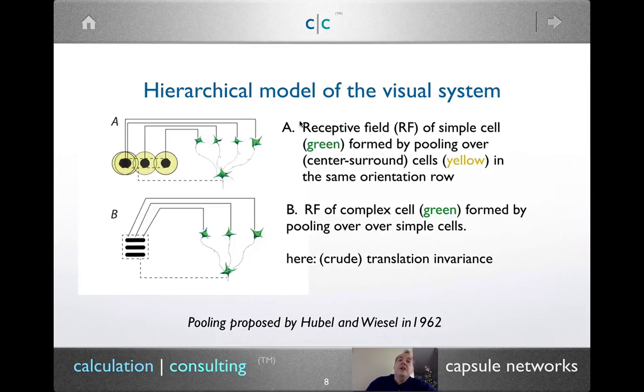In this case, we have a hierarchical model of the visual system just at the level of neurons and neurons connecting to other neurons. Of course, we know that neurons connect this way because you can see them. You look at the connections in a biology lab. So the question is, what's going on? How do they work? Well, you can imagine you have, in this image, these yellow circles represent center surround cells.